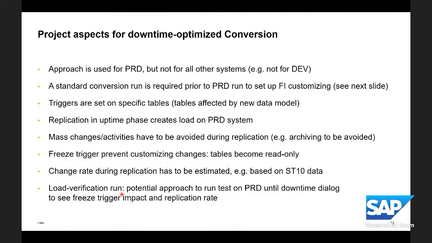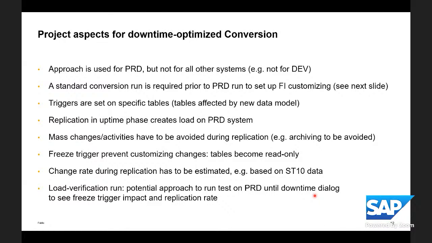So the recommendation, just to repeat, is that after all the preparation has been done, you start the software update manager on the productive system with a downtime optimized conversion approach, and you run the SUM tool on the productive system until the downtime dialog to see what impact the freeze trigger has and what the end user activity is on the system.